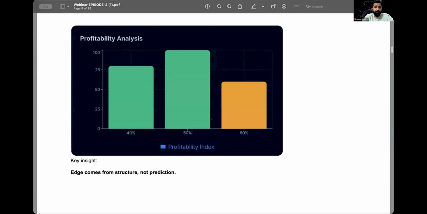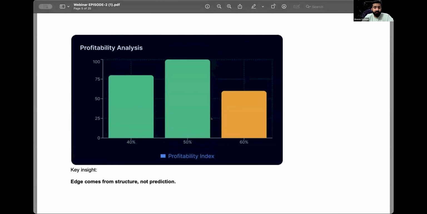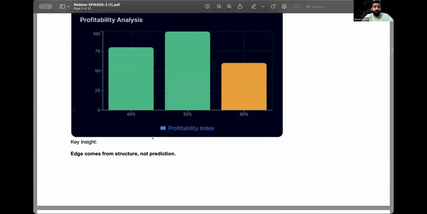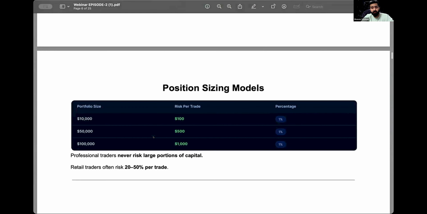If we look at the profitability analysis of taking risk or going without taking risk, we see clearly that it is the structure that matters, not the prediction of the price. And structure comes with the defined infrastructure, defined technology, and defined trading discipline which professional traders have, and which is obviously missing in retail traders.